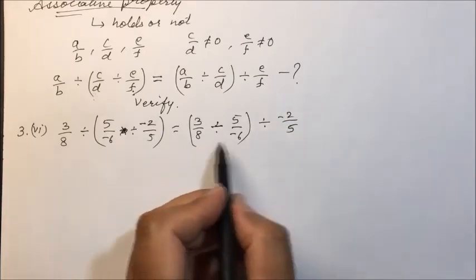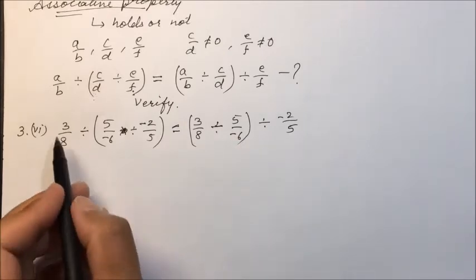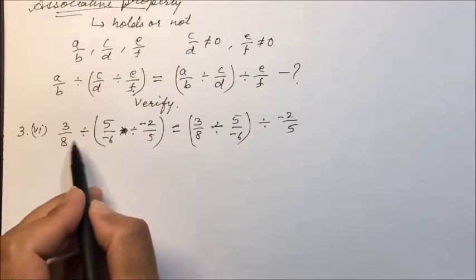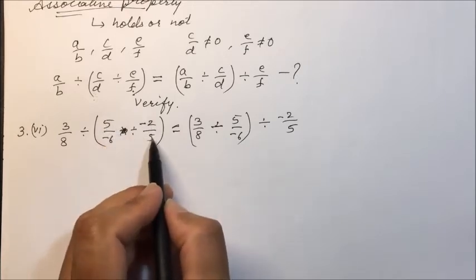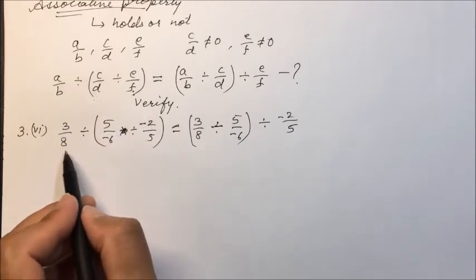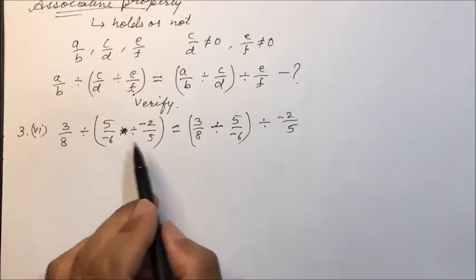We have to verify whether associative property holds or not. Three rational numbers are given, where the second and third are non-zero rational numbers, and the first is a non-zero rational number as well. Now we will check whether the associative property holds or not.